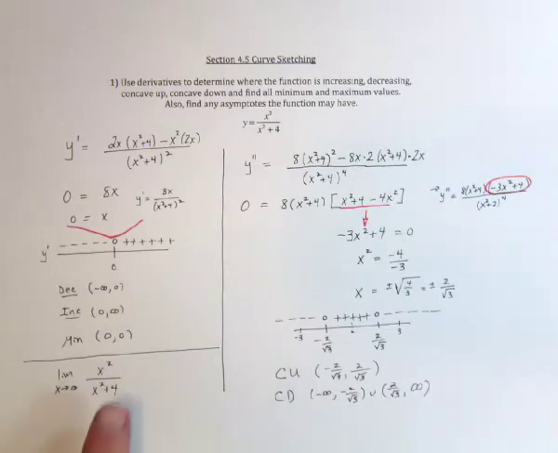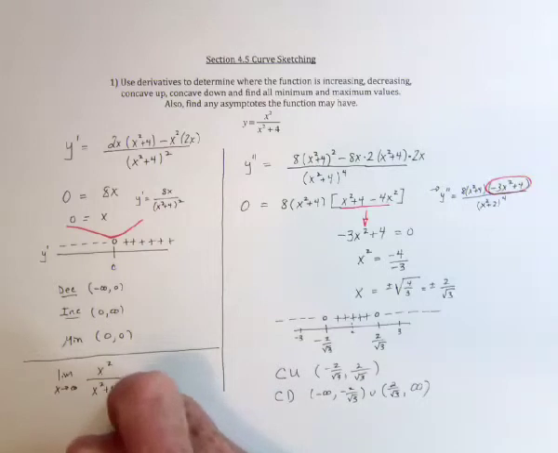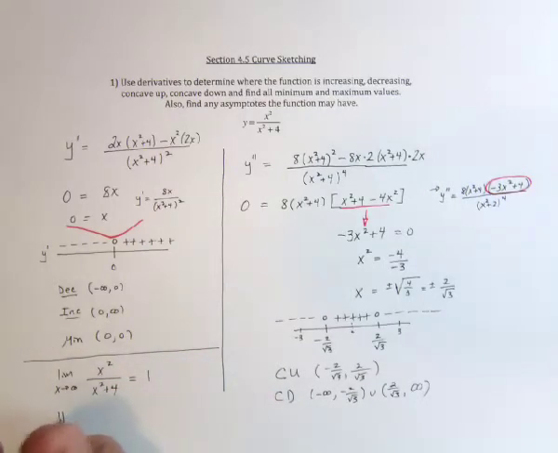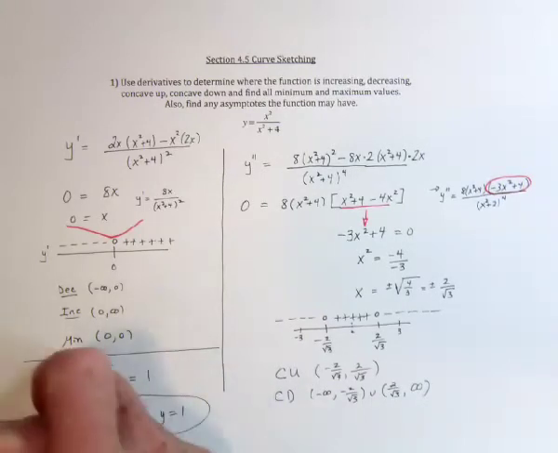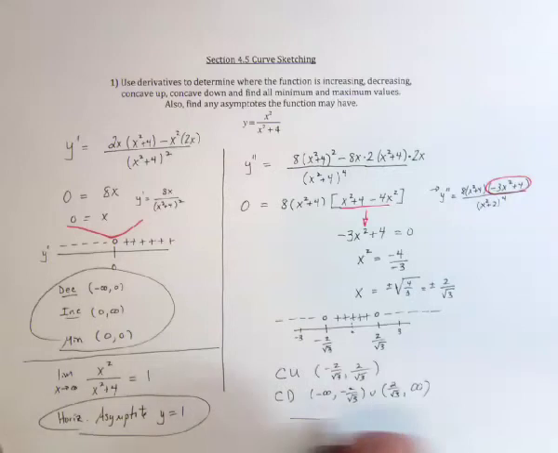Since x is going to infinity, plus 4 doesn't really matter. You've got x squared divided by x squared equals 1. Or you could use L'Hopital's rule twice and you end up with the same thing. And so there's a horizontal asymptote, y equals 1. There are all of the pieces asked for.